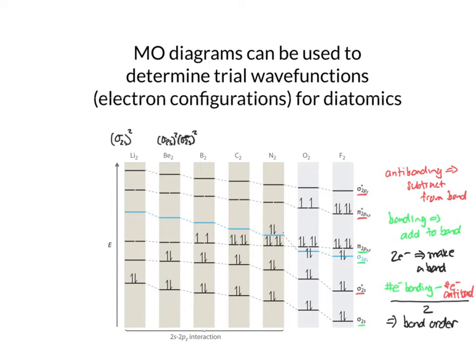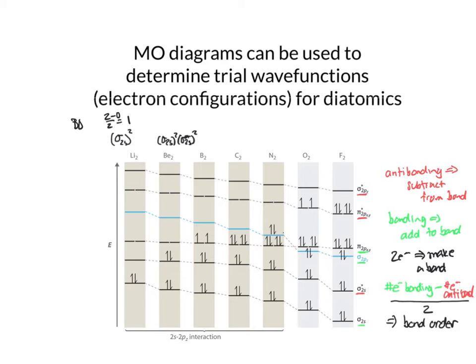Looking at lithium, I have 2 electrons in a bonding orbital and no electrons in antibonding orbitals, so the bond order is 2 minus 0 divided by 2, which is 1. And so we can form a single bond between 2 lithium atoms to form single bonded diatomic lithium.